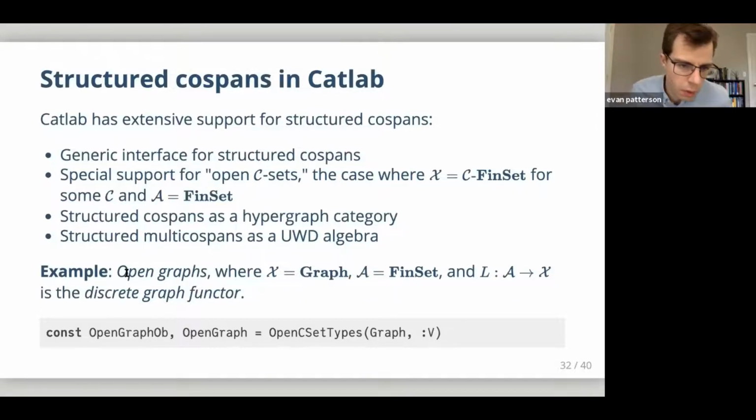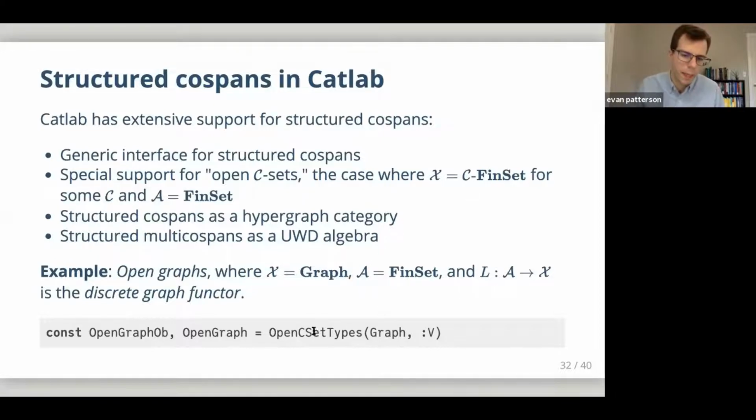For example, below here, the case of open graphs, where X is the category of graphs, which, as we've seen, is a category of C-sets. A is the category of finite sets, and the functor L is the discrete graph functor, which given a set gives you the graph with no edges and whose underlying vertex set is that set. So from the perspective of open systems, the boundaries of these systems are effectively subsets of the vertices.